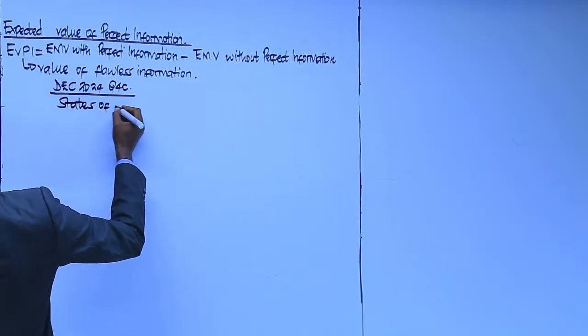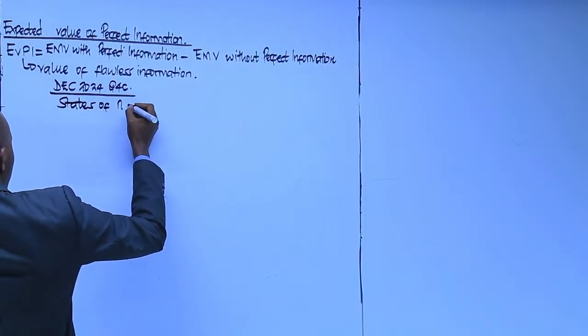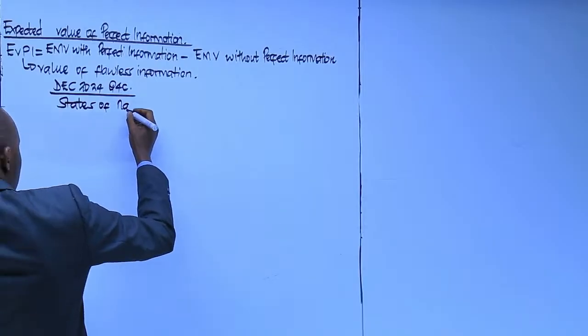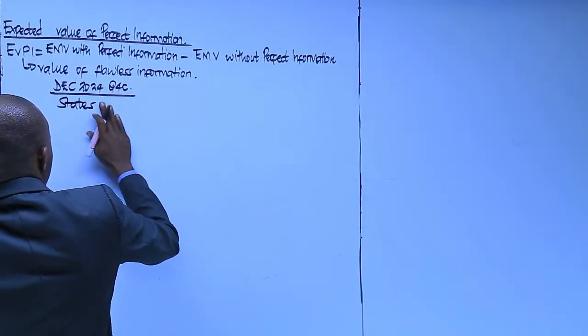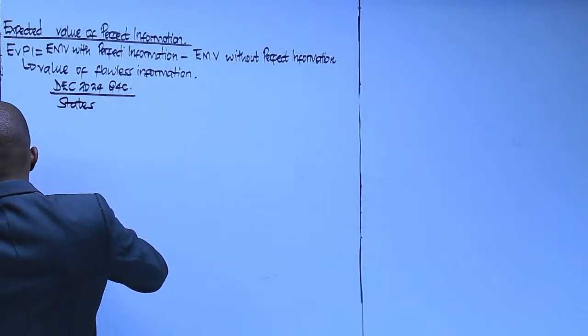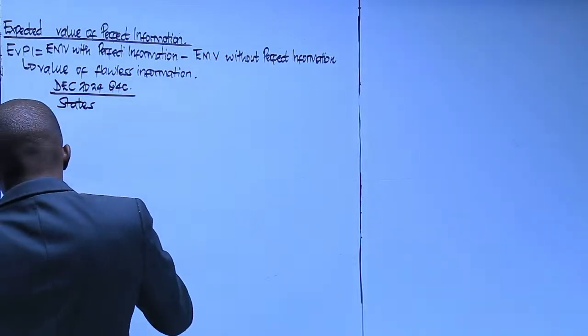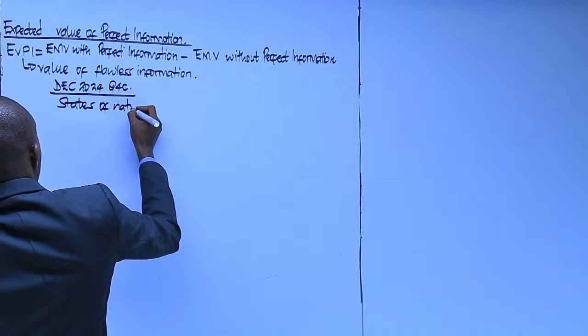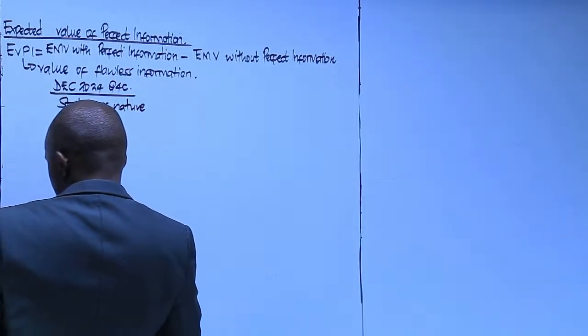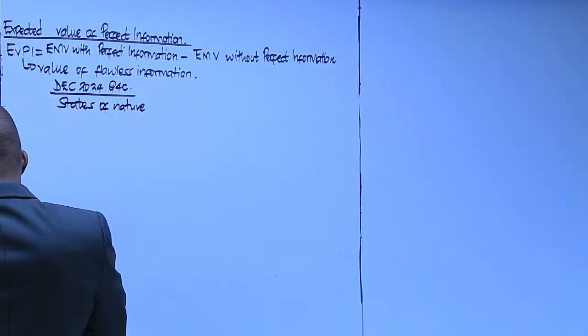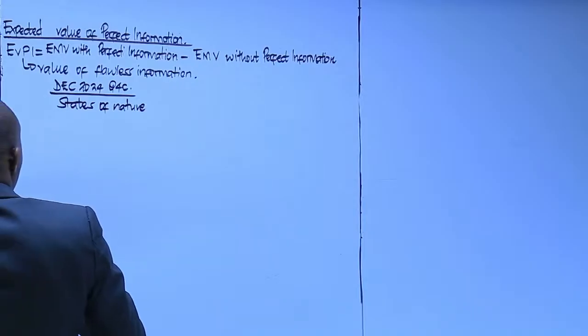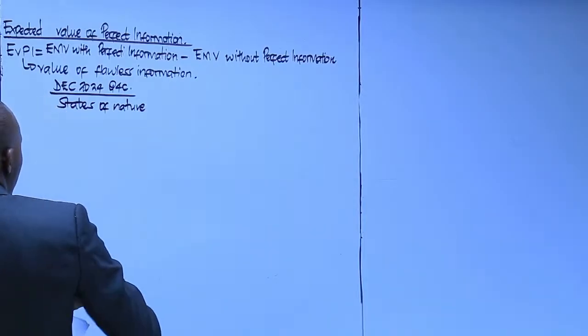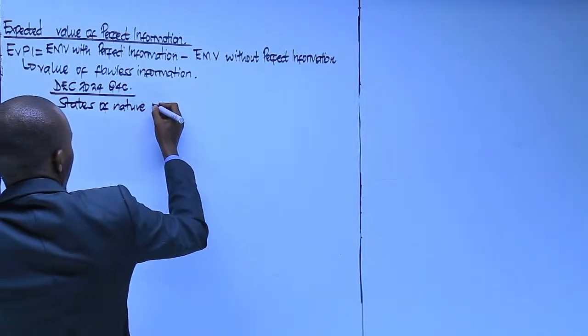So let's have the states of nature. In this case, your states of nature were what? Remember, states of nature are those events that cannot be controlled by management, and they should have prior probabilities if you're dealing with risk.